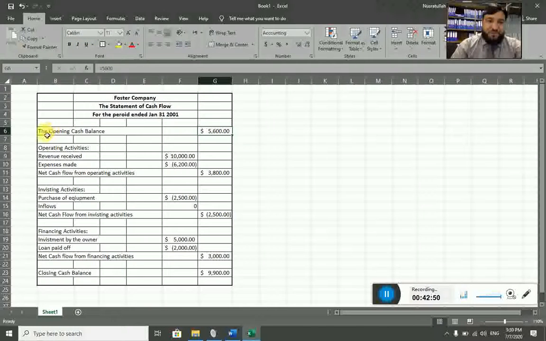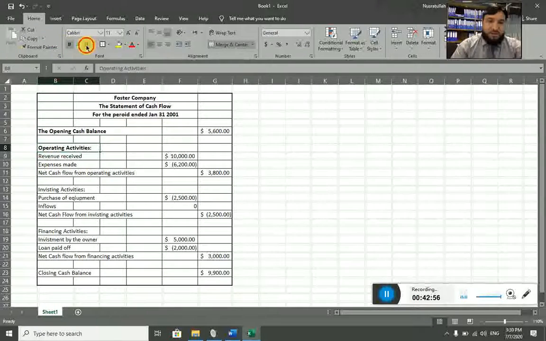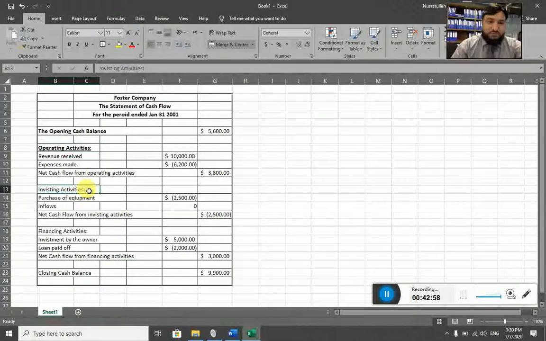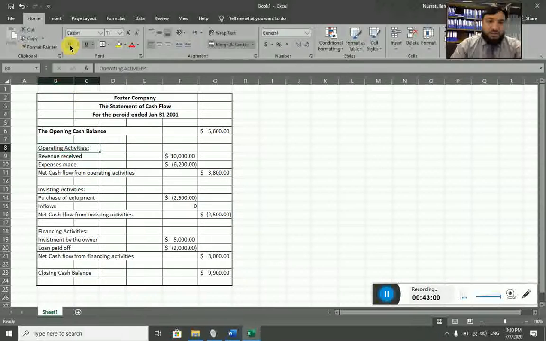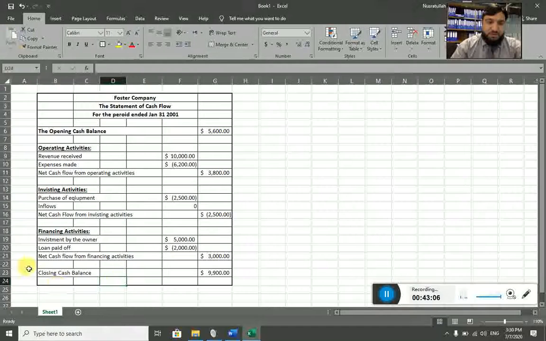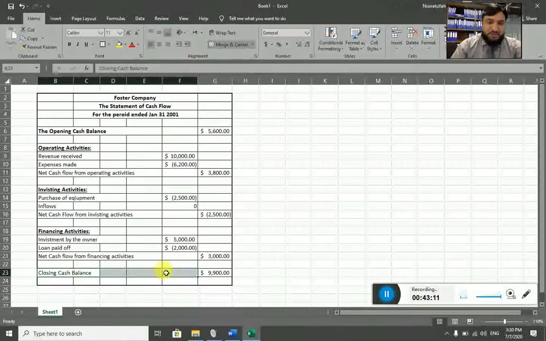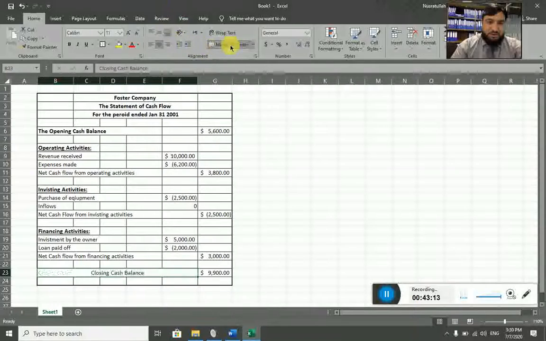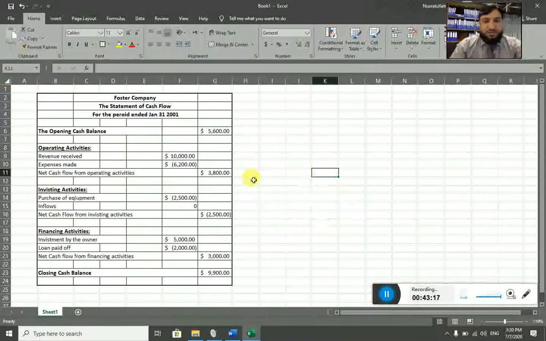Right? We can do some other formatting. We can make it bold, and we can make it underline. This is how we do it, and this is all. It's all done.